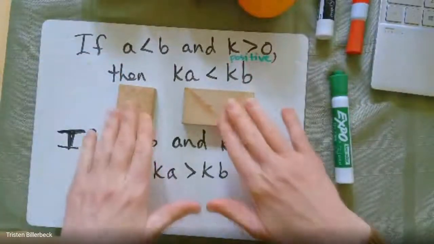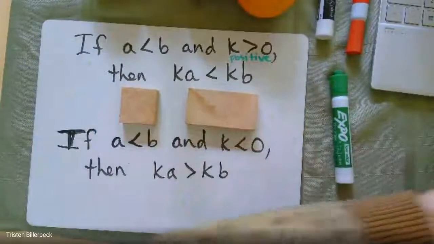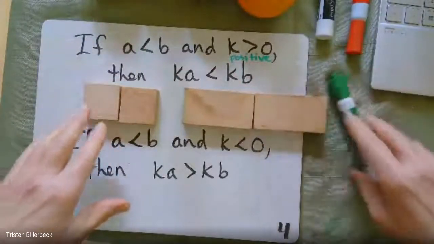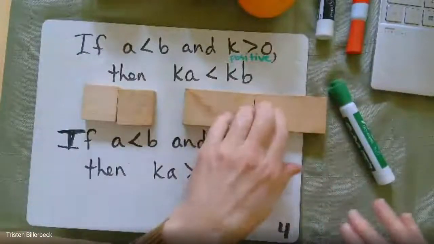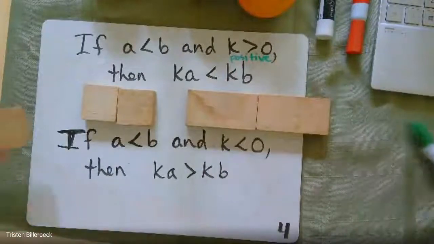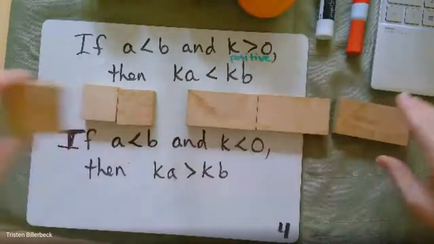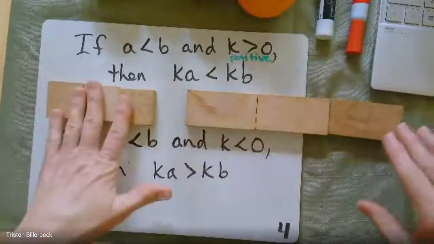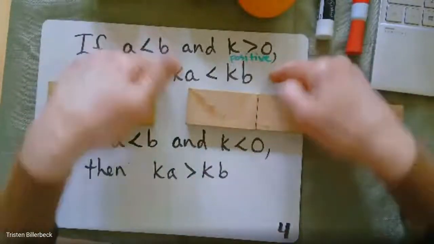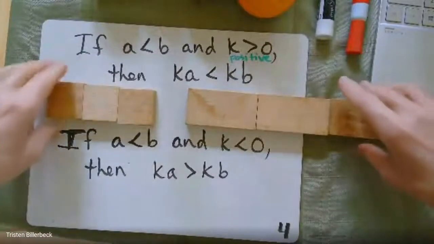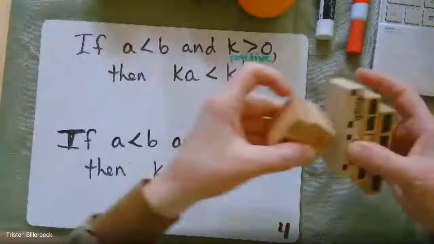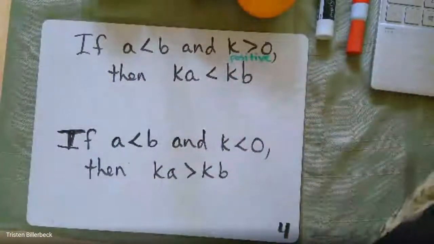Now, if I have two of those and two of those, this is still going to be less than this one, right? And if I have three of those and three of those, this side's still less than this side, right? So that's all these little letters mean.